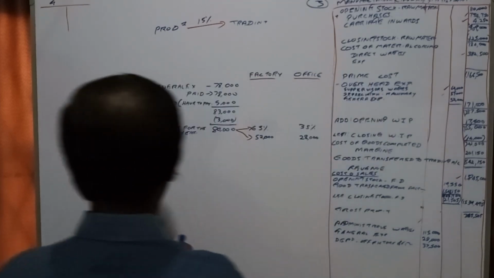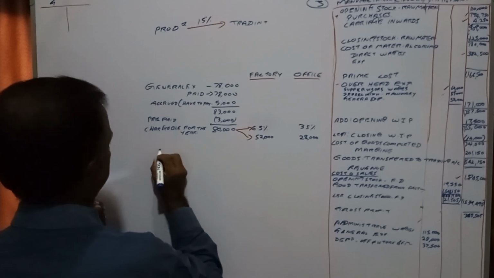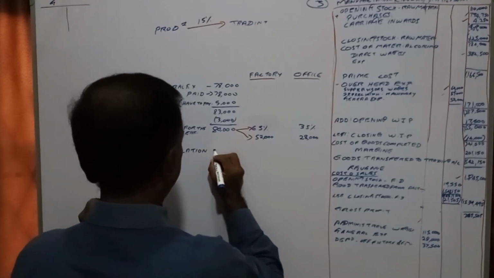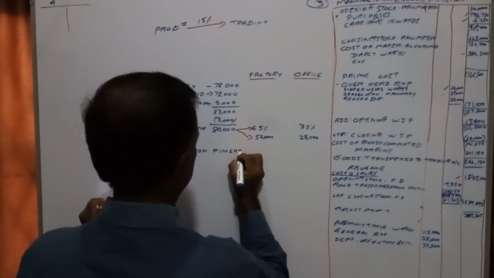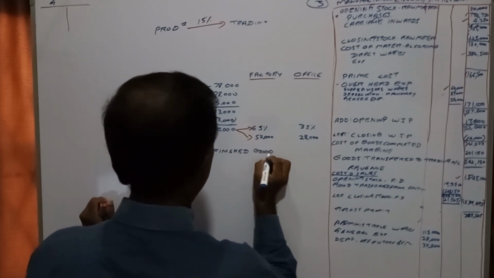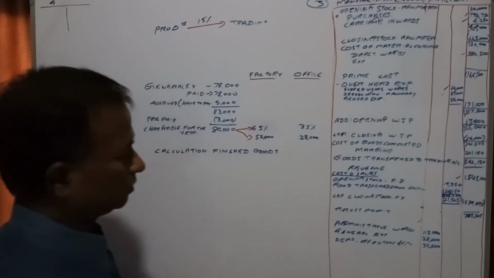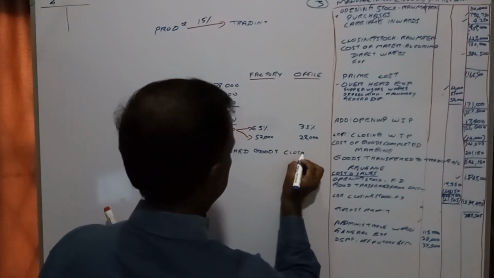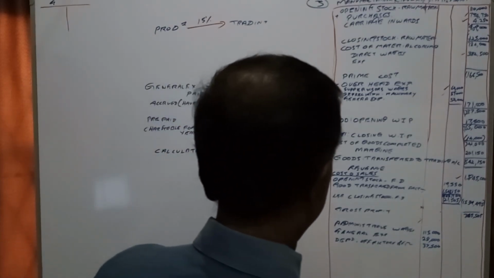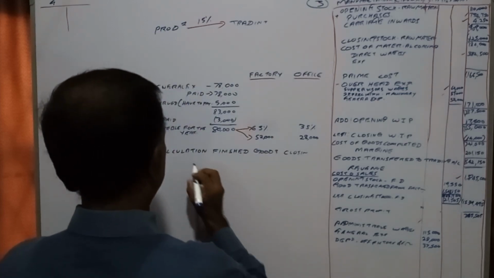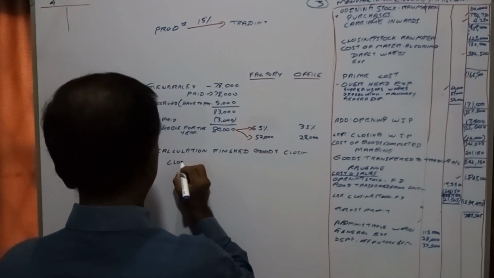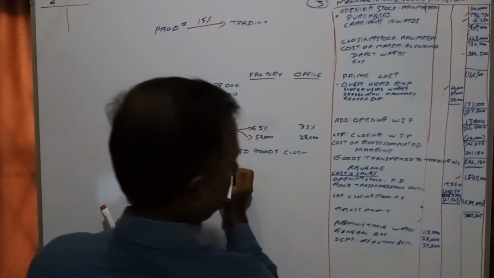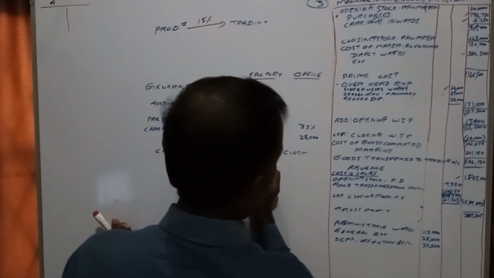Finished goods closing calculation. This is how much closing stock, closing value? 21,505.